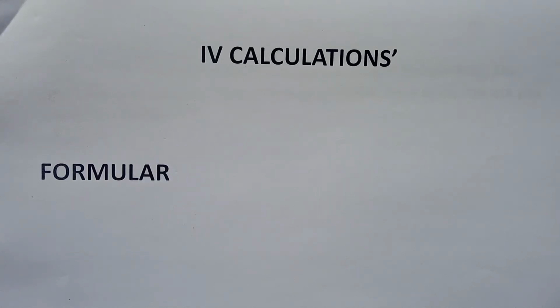I want to take you through the calculation of IV drugs. In short, IV drug calculations. So these are drugs we administer through IV. Remember, there are so many ways of administering drugs.